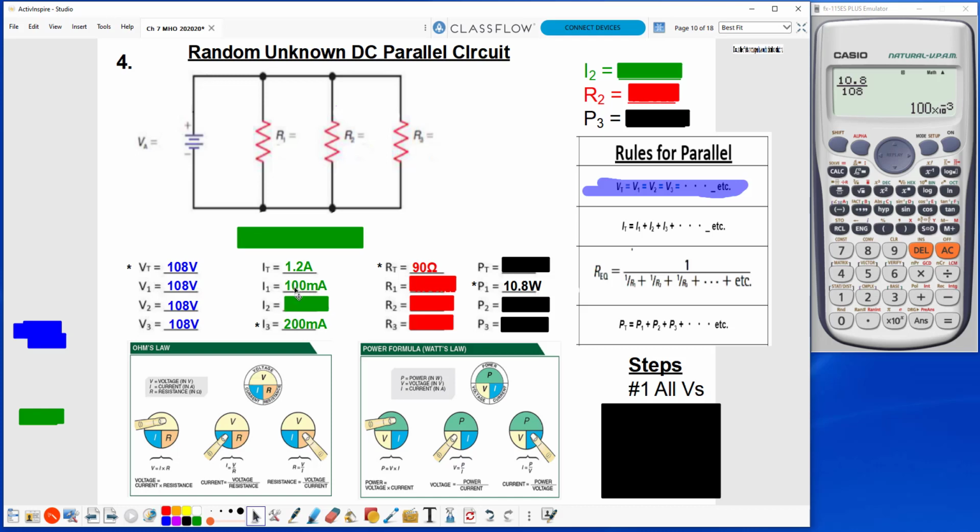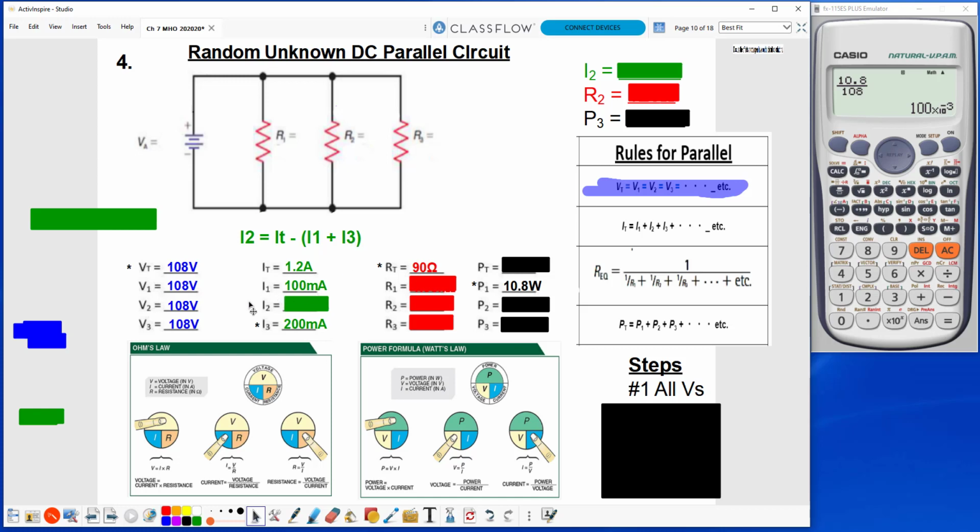This is kind of a little formula I made up to express it a little bit more clearly. I2 is going to be equal to IT minus I1 plus I3.